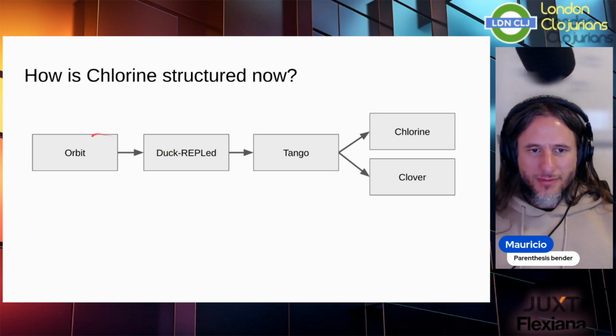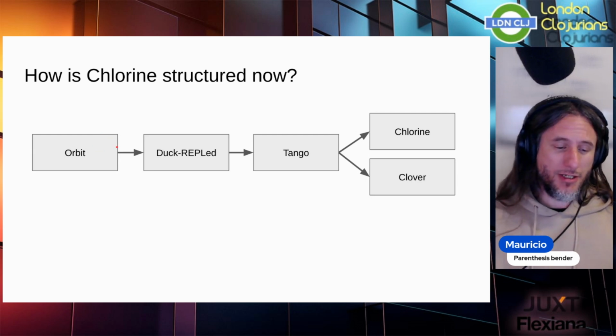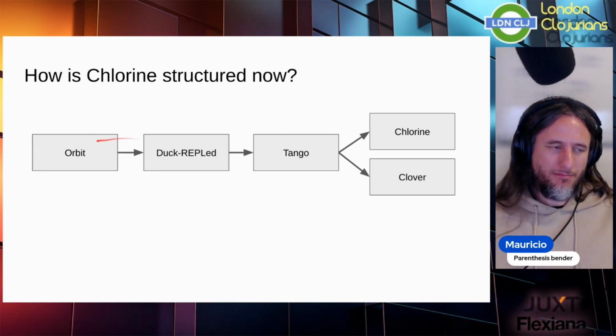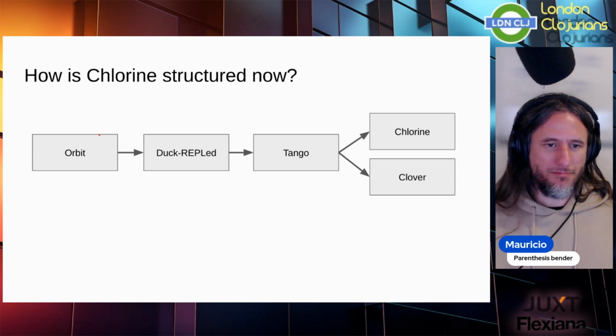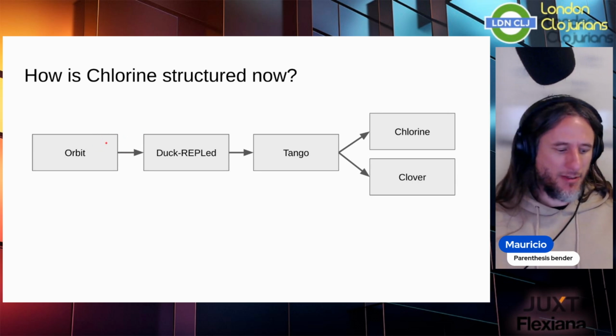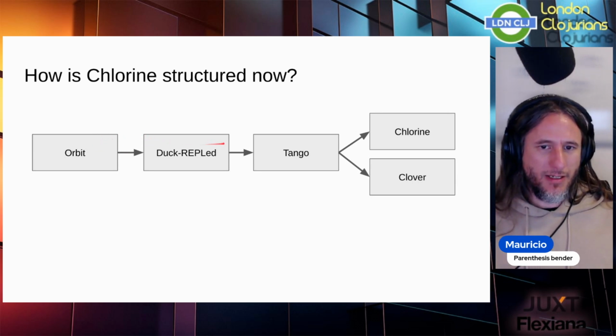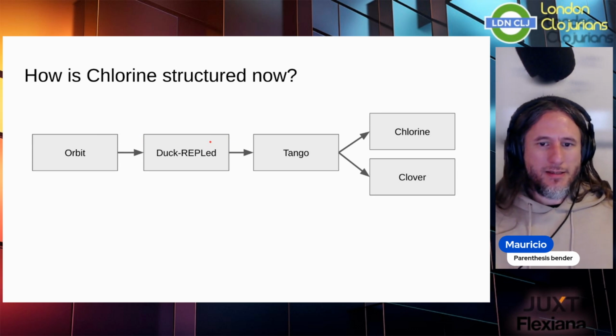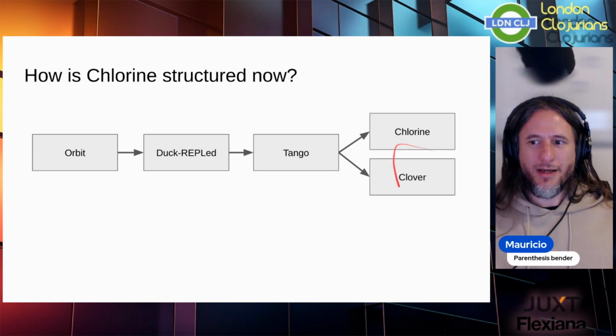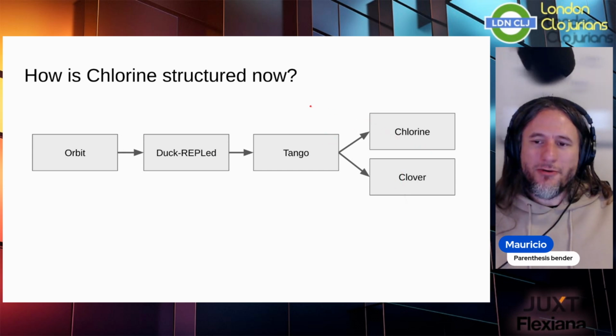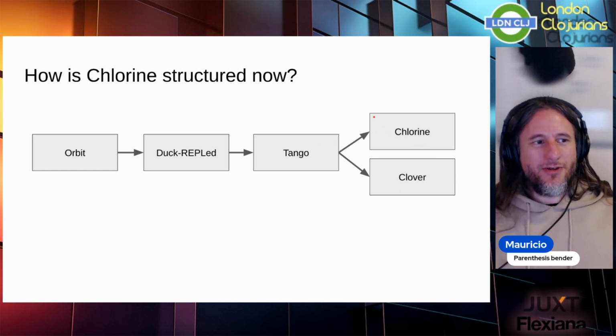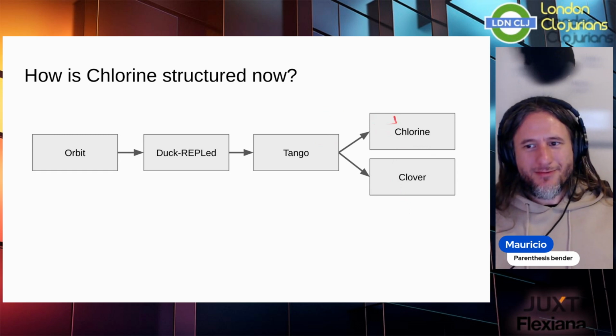But I made this new library called Orbit, which is an nREPL client for ClojureScript, and also a shadow-cljs API, but it's not important for now. It's a different kind of REPL for ClojureScript that I think is better for my needs. Then I made this Duck REPL library, which is a kind of funny library that I want to show you a little bit later, and then Tango, and then Chlorine and Clover. So this is how things are now. This is the next version of Chlorine that I keep failing to publish for a while now.